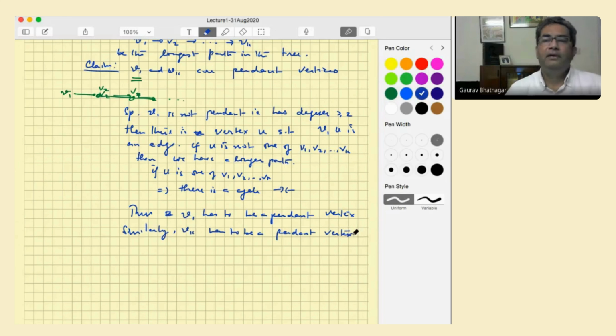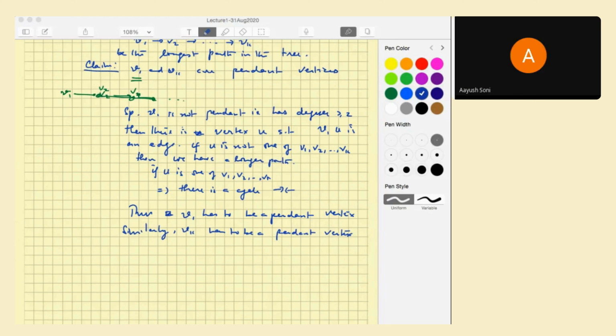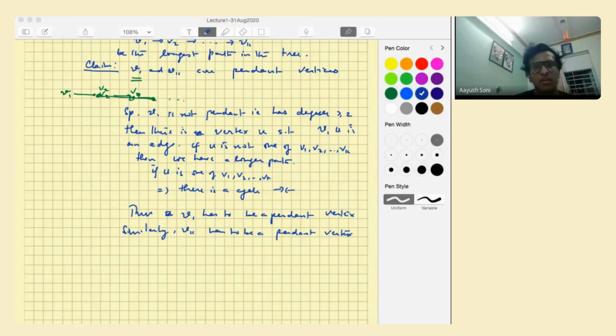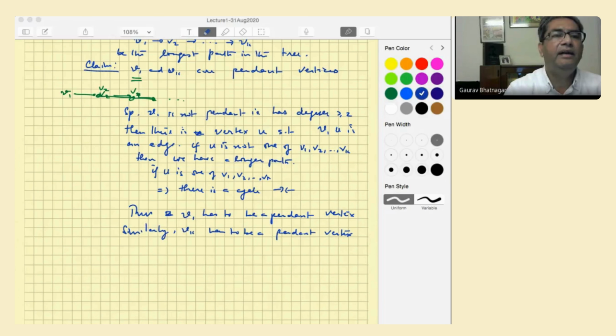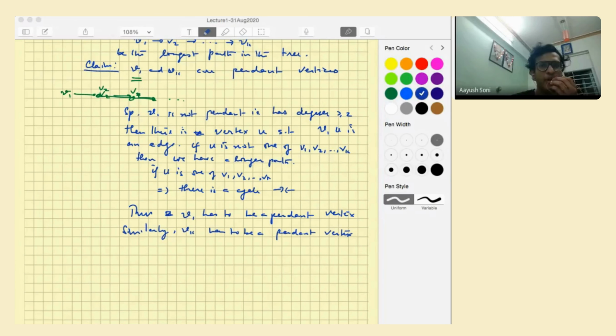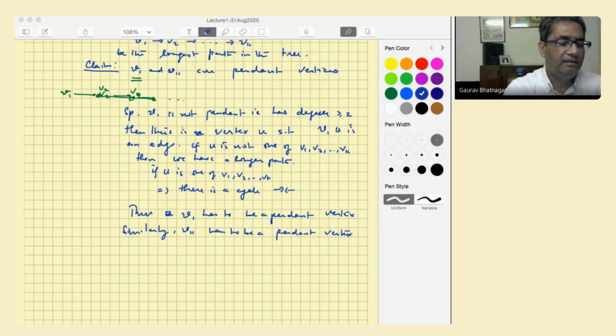A little bit confused about whether it's pendant or pendent. Let me just check online. Hang on. Professor, I think it's A-N-T. A for apple. Oh yeah, it is pendant. Okay, good. I wanted to confirm because I keep writing it.